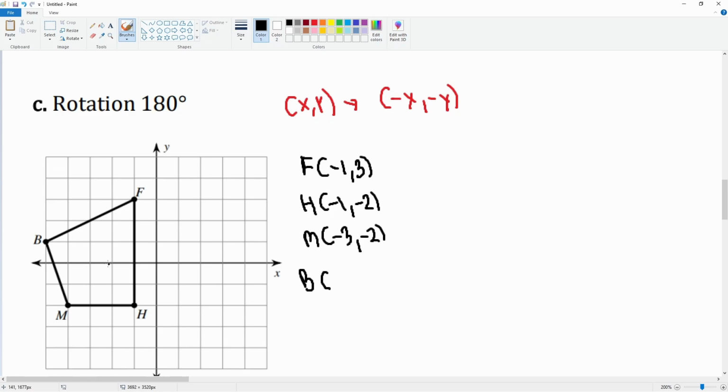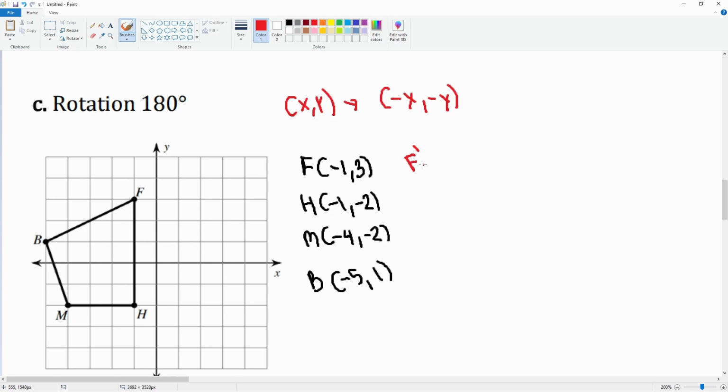Wait, 1, 2, 3, 4. So M is wrong. It's negative 4 comma negative 2. Good, good. B would be 1, 2, 3, 4, 5. Negative 5, up 1. There you go. Those should be my right points. All right? Make sure you're labeling your points correctly.